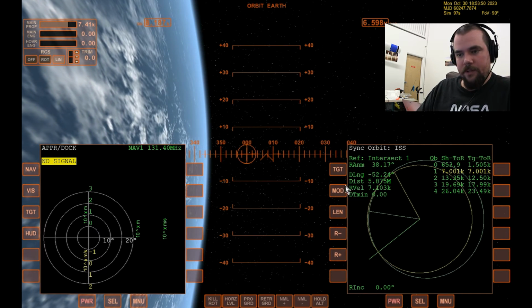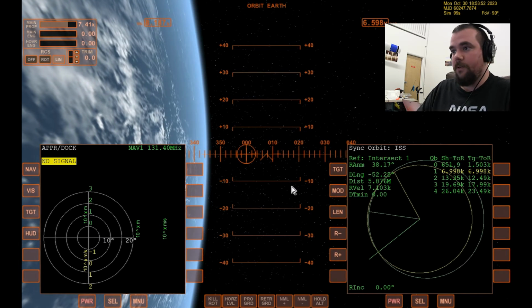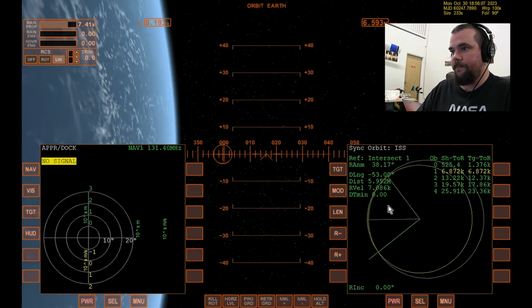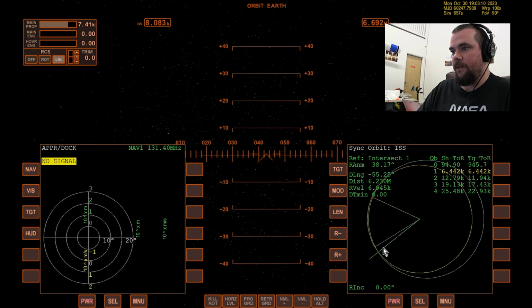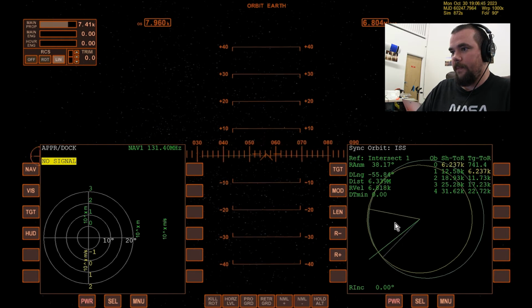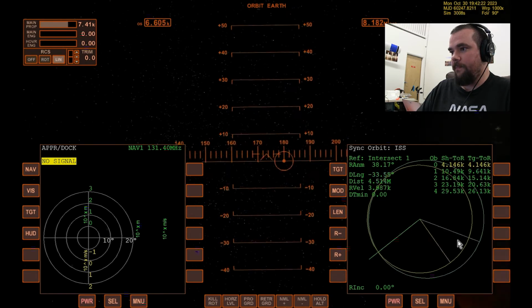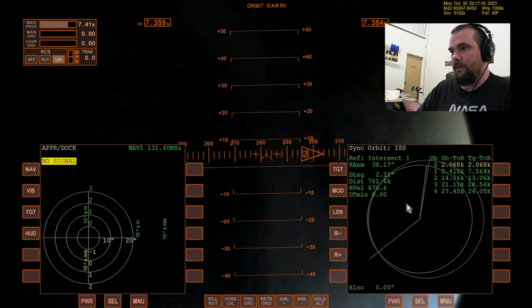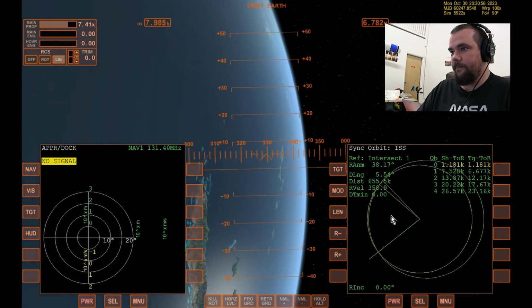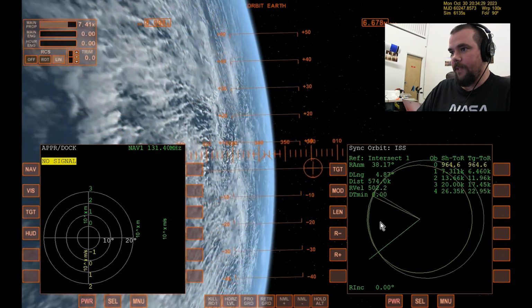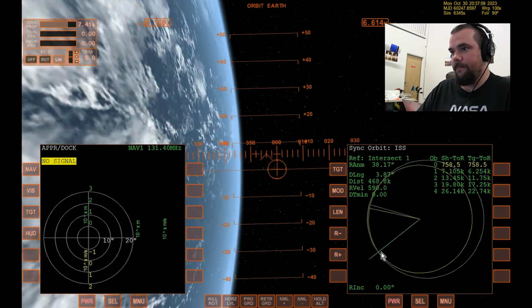So let's go ahead and move forward in time here. You can see we're ahead of the International Space Station right now, and now it's catching up. And on this final orbit here, we're going to intercept it right here.